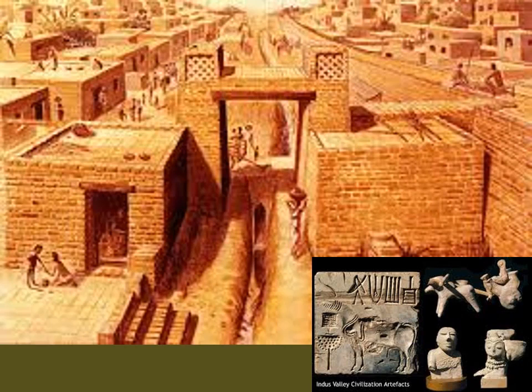Well, it was agrarian. Agrarian means agricultural. And it had a good system of irrigation. Irrigation is a kind of drainage system: you carve out canals, and then water flows from the rivers.